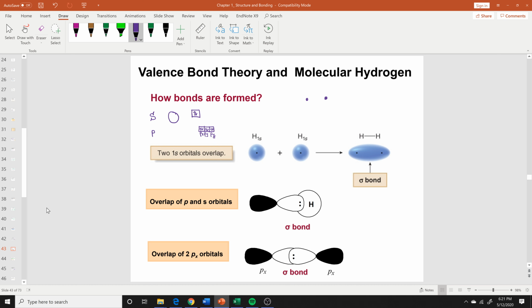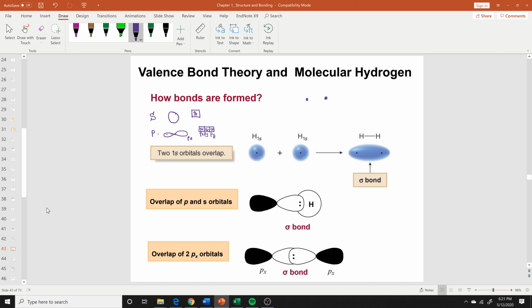This is the p orbital. A p orbital is represented as a dumbbell shape, so it has 2 lobes. The px normally is represented like this. This is the px, okay? Px normally lies along the x-axis.